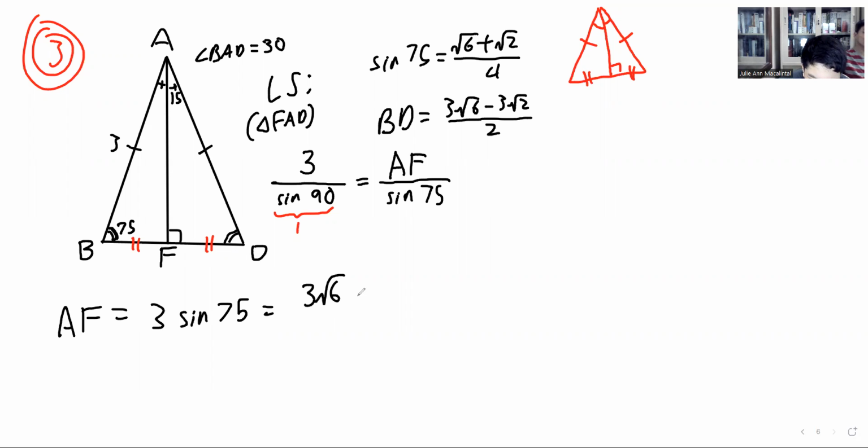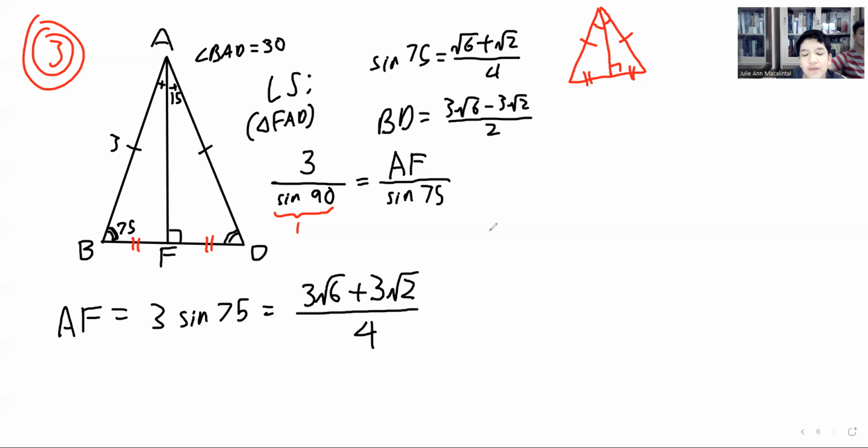Therefore, if it's the complement of sine 15, it's not just the complement, it's also the conjugate of sine 15. Yep, okay, so AF is this.